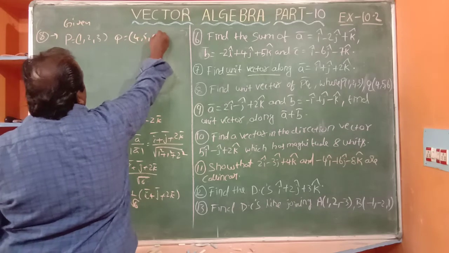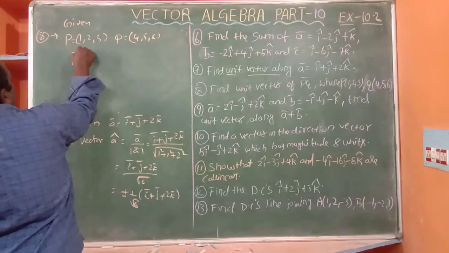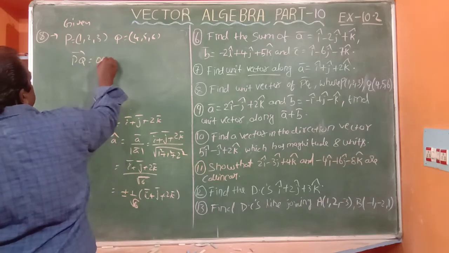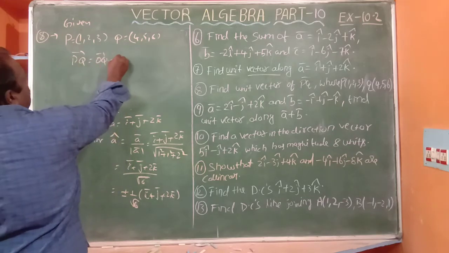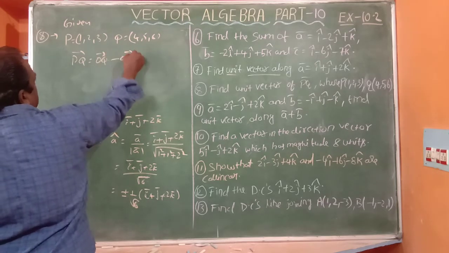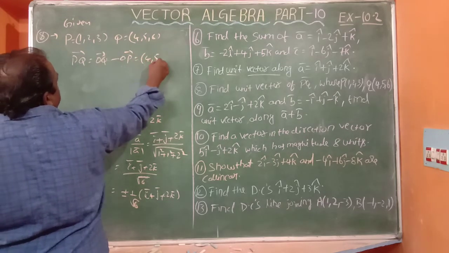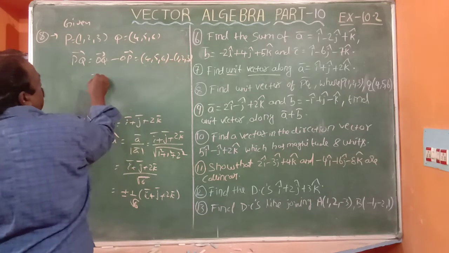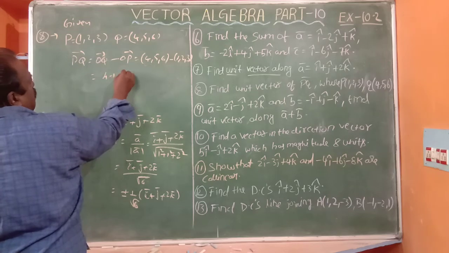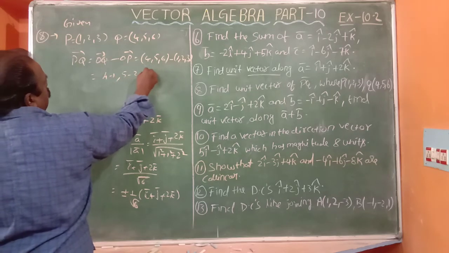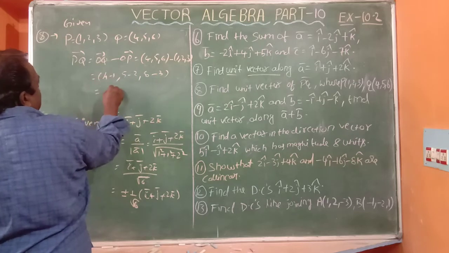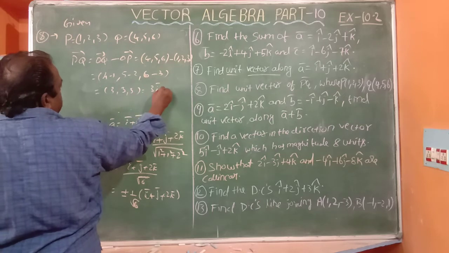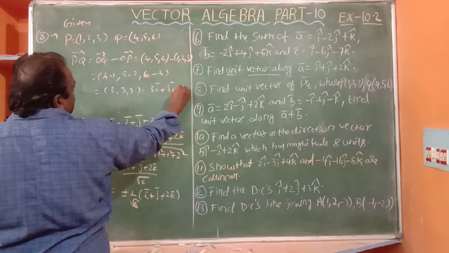First we find PQ bar. PQ bar is a free vector, OQ bar minus OP bar. That is 4, 5, 6 minus 1, 2, 3, that is 4 minus 1, 5 minus 2, 6 minus 3. It is 3, 3, 3, that is 3i plus 3j plus 3k.